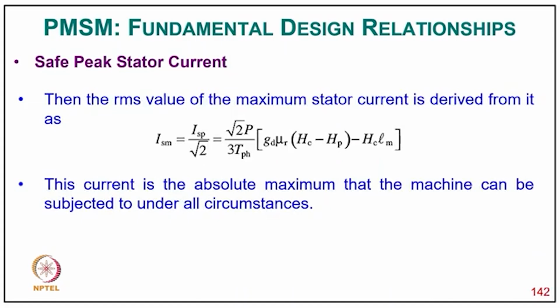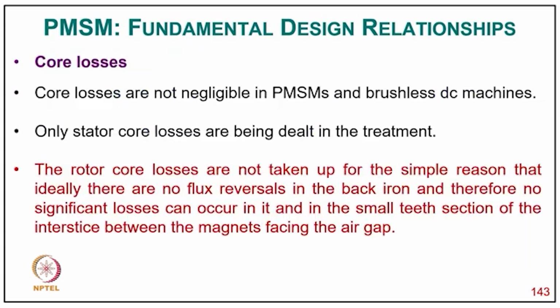Then the RMS value of maximum stator current is derived as ISM equal to ISP upon root 2, that is root 2 P upon 3 TPH in bracket GD μR (Hc minus Hp) minus Hc into Lm, and this current is the absolute maximum that the machine can be subjected to under all circumstances.